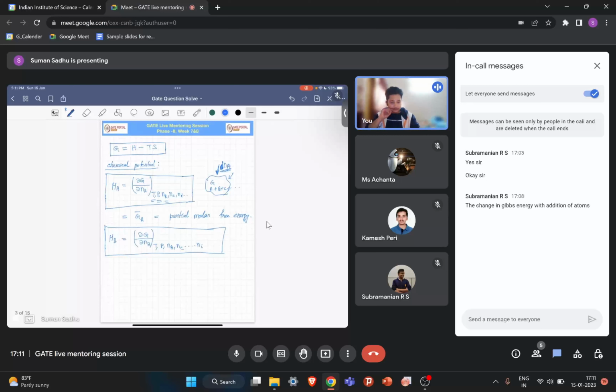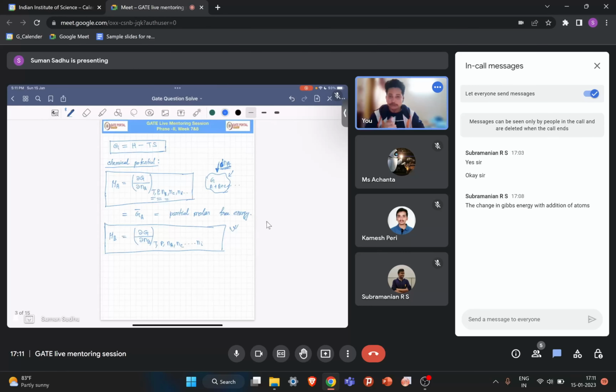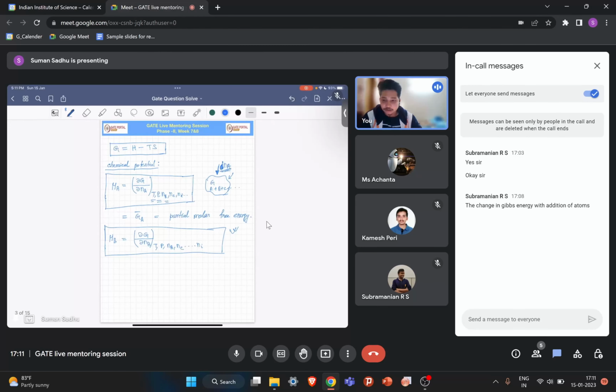This concept is also required when we write the expression for the free energy of the solution. In the previous class we talked about how free energy changes with temperature. We saw the G versus T plot.